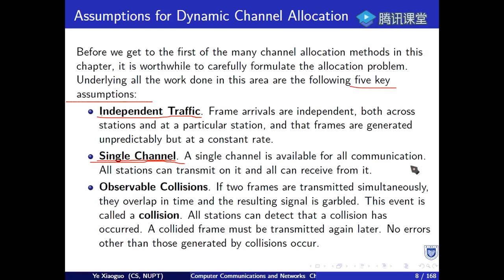The electromagnetic waves of the 2 frames overlap. All stations can detect that a collision has occurred. A collided frame must be transmitted again later. No errors other than those generated by collision occur.